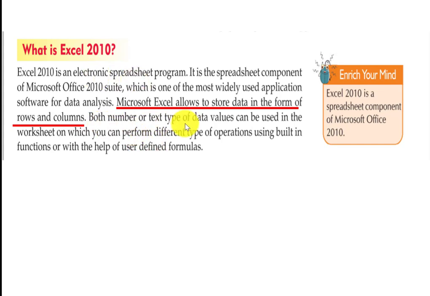Both number and text type of data values can be used in the worksheet, on which you can perform different types of operations using built-in functions or with the help of user-defined formulas. In the electronic spreadsheet, there are functions like sum, minimum, maximum, average, count. There are so many built-in functions and we can create our own functions too.